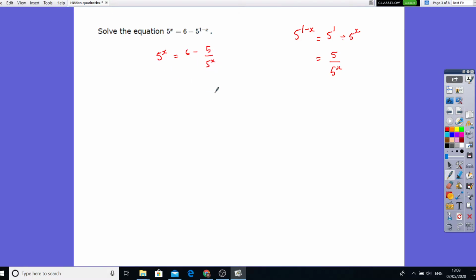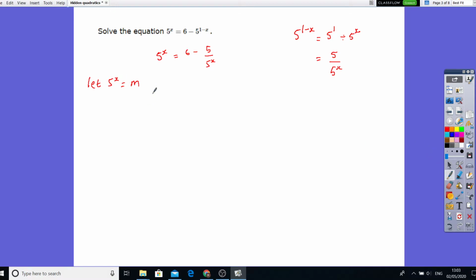Now this is another form of hidden quadratics, or disguised quadratics, when you got one form and the other one is over that form. So in this case it would be best to say straight away, let 5 to the x equal m. Let's do that.